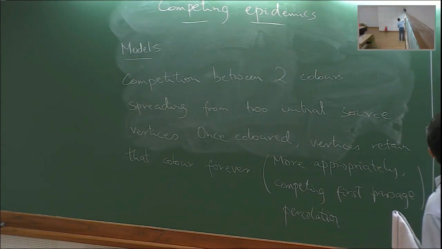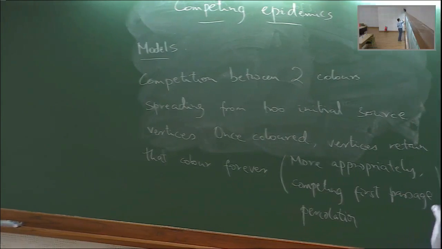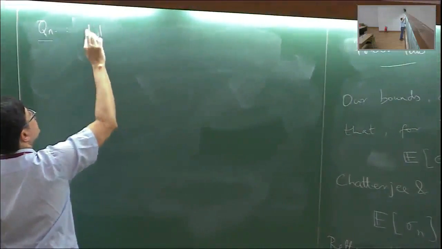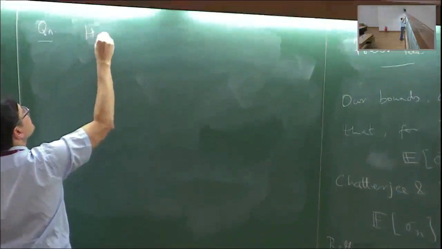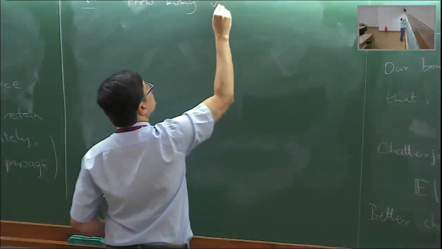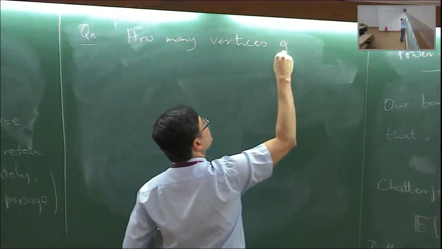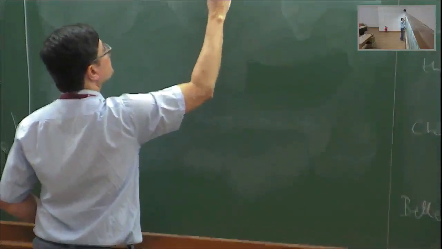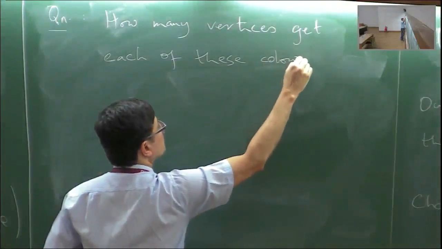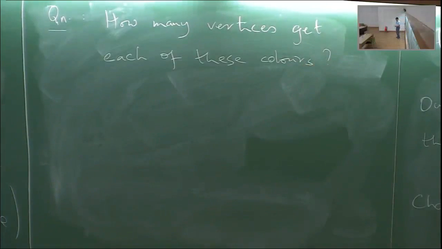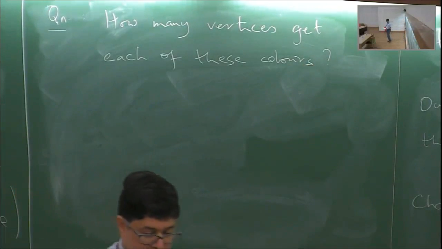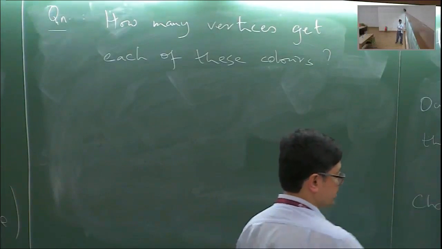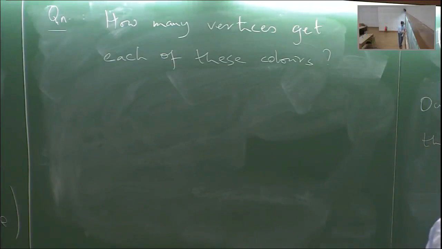And the question is, what fraction of vertices, or how many vertices, get each of these colors? So let me state some more precise models first, so we can pose the question more formally and then say something about them.